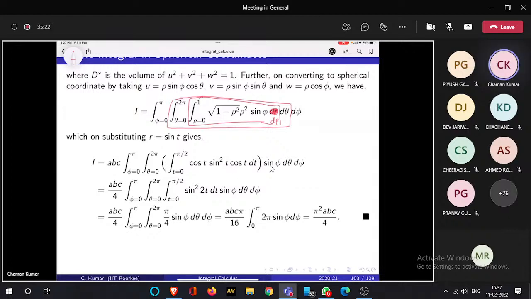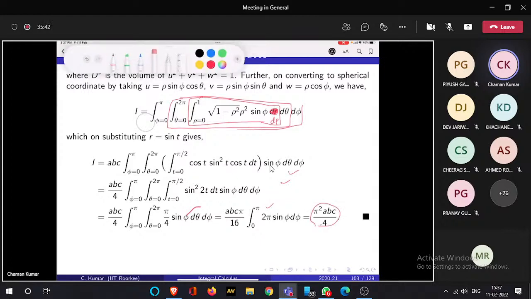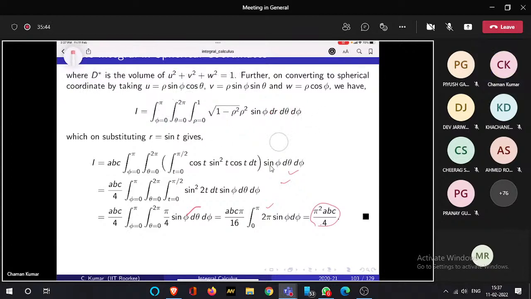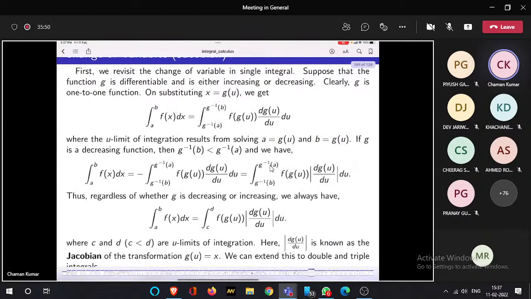Here theta and phi do not depend on each other, so you can change the order also using Fubini's theorem in two dimensions, in R2. Okay, so then with respect to theta and then with respect to phi. So this integral is evaluated here. Explicitly, the value comes out to be this. You can verify this calculation at home. Any question here so far?